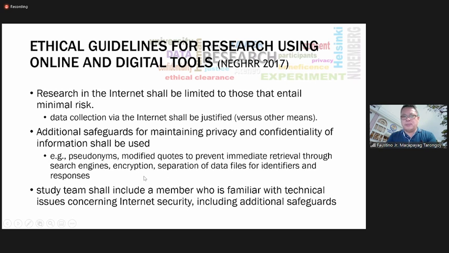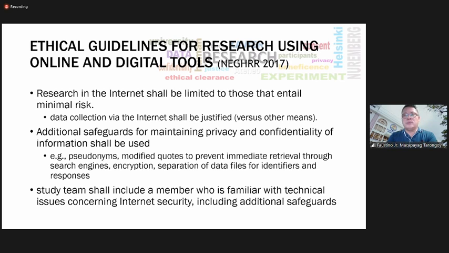So for privacy and confidentiality, use pseudonyms or modified quotes. You do not present data verbatim, perhaps, but maybe paraphrased, so that your data cannot easily be searched by search engines. So probably when you store your data in the cloud, it has to be encrypted, so the data privacy or data security is still assured.